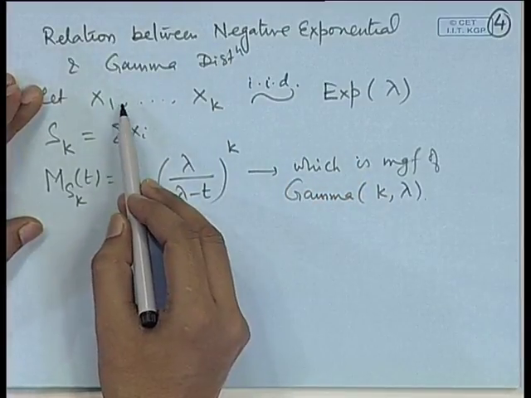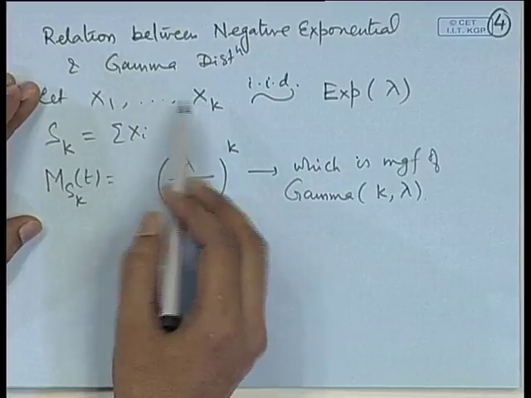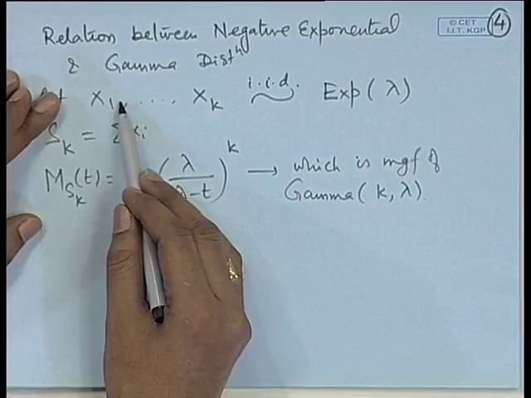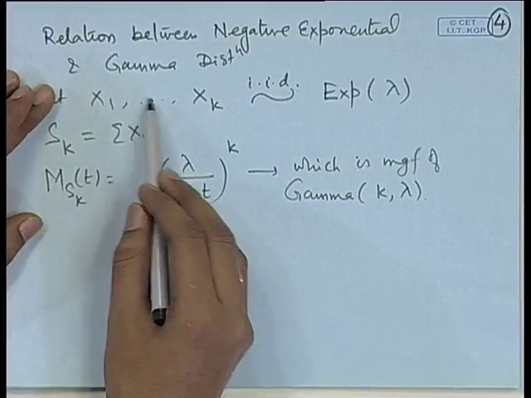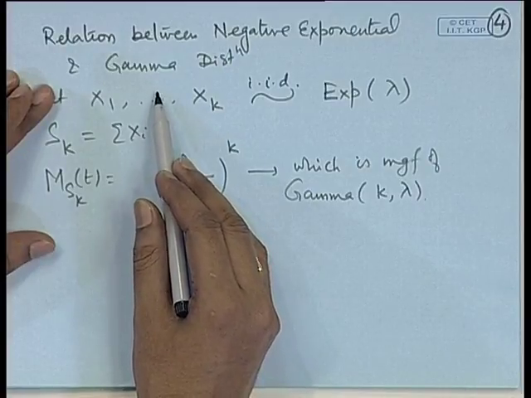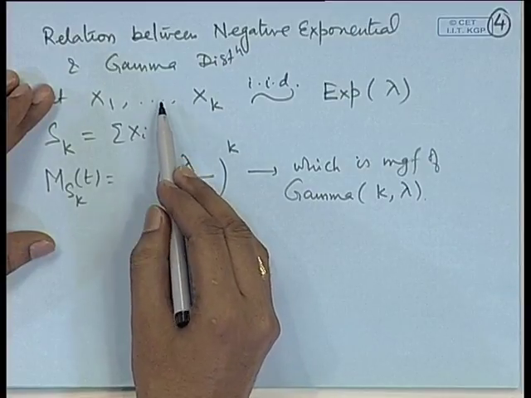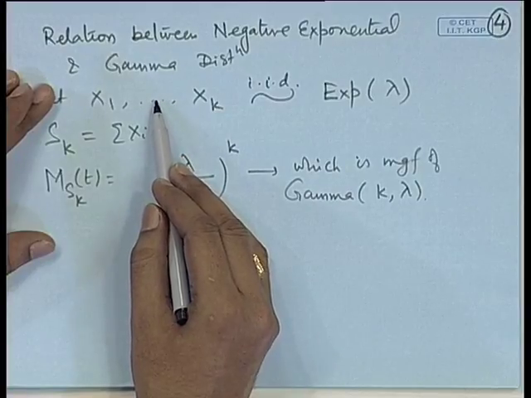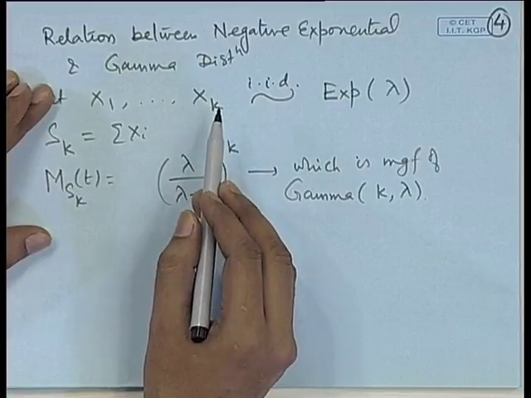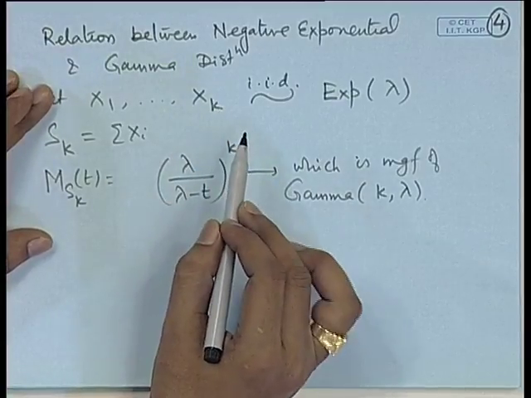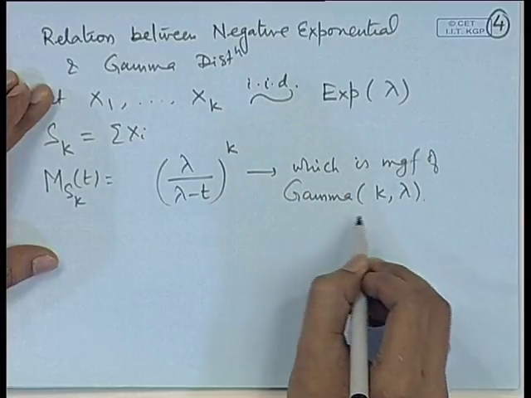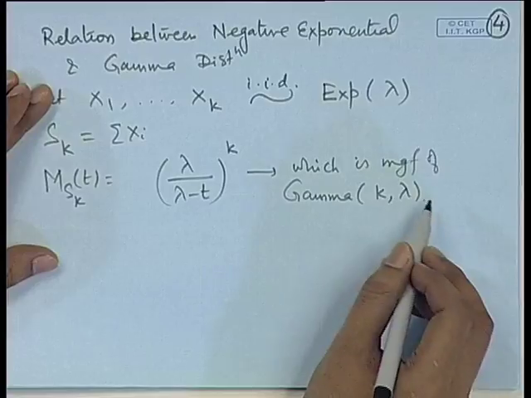So, if we combine this, that is X1 plus X2 plus Xk, when X1 is observed, we start observing the process once again, X2 is the time added thereafter, X3 denotes the time starting from when the second occurrence has been observed. Then X1 plus X2 plus Xk denotes the waiting time for the first time kth occurrence in a Poisson process, and we know that it follows a gamma distribution with parameters k and lambda.